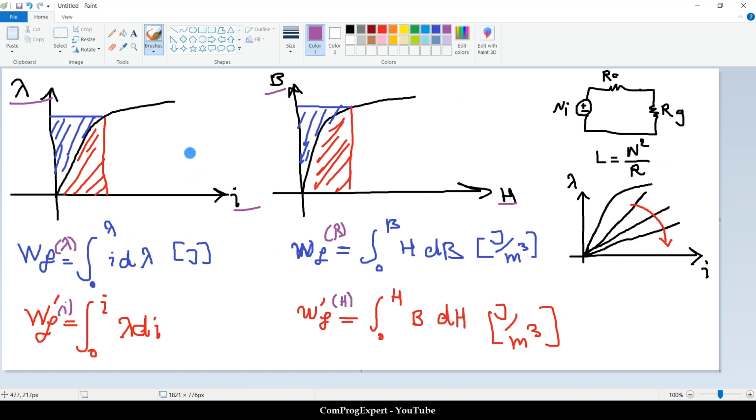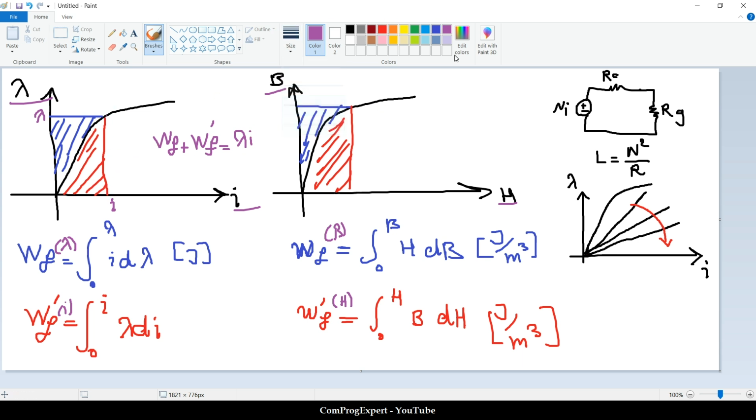We have this for a particular value of I and lambda: W_f plus W_f' is lambda times I. This is the area of this rectangle.